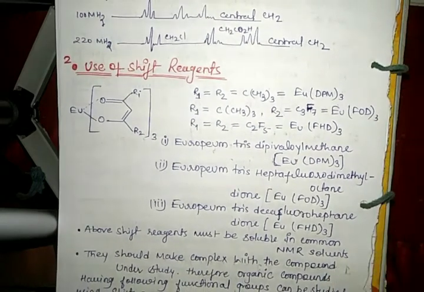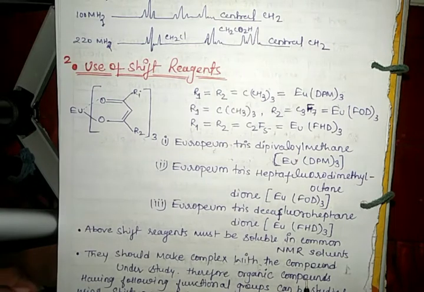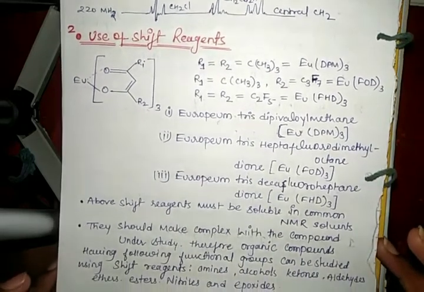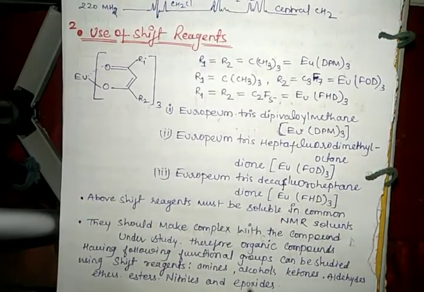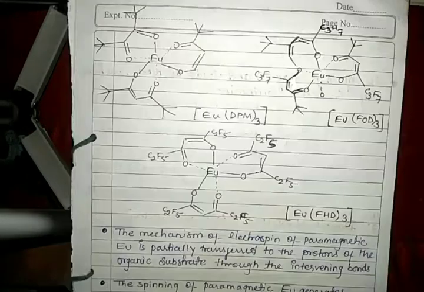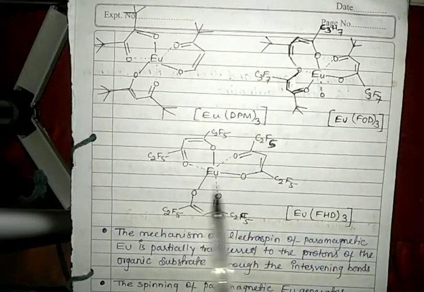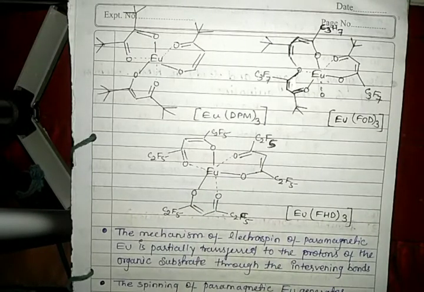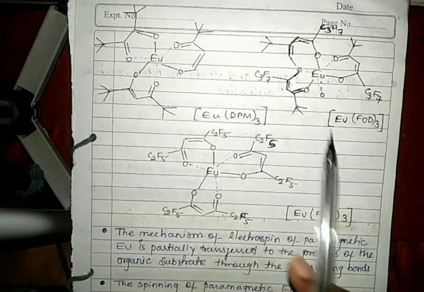And next point is they should make complex with the compound under study. Therefore, organic compounds having following functional groups can be studied using shift reagents: amines, alcohols, ketones, aldehydes, ethers, esters, nitriles, and epoxides. So there are given some different examples of use of shift reagent. Next we see another points of this.